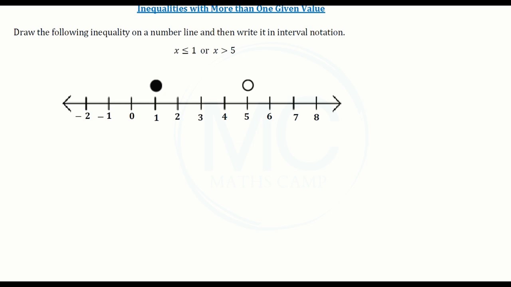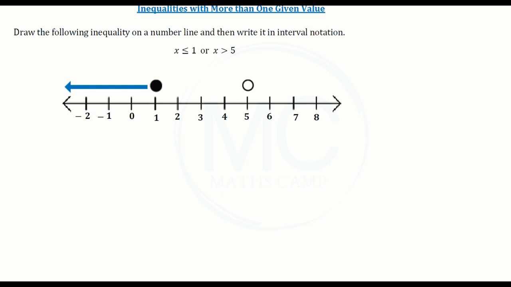Now we can draw a line. X is smaller than or equal to 1, so we draw a line to the left of 1. Over here, x includes every value smaller than 1, so our line goes on forever. Remember that when lines go on forever, we need to draw an arrow, so our line will look like this. Now let's look at our 5.